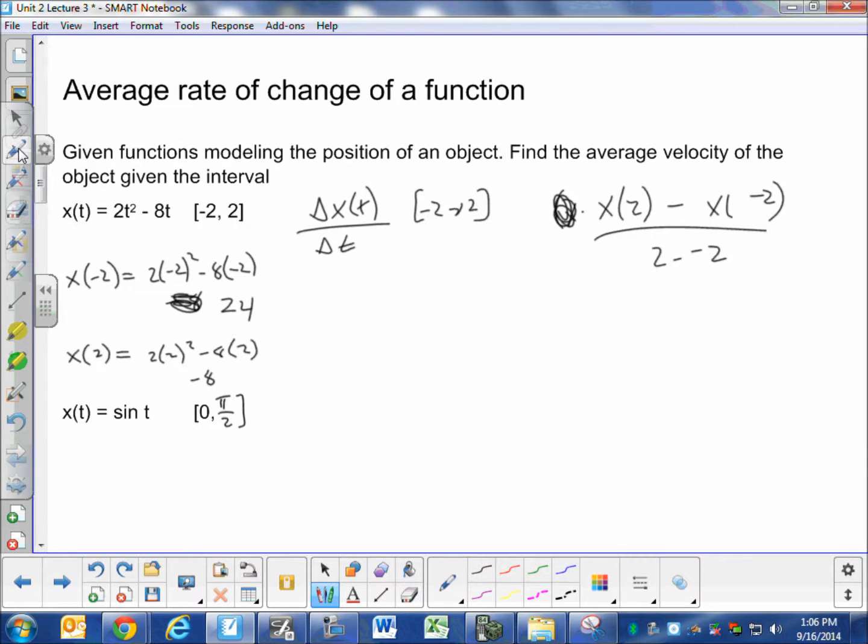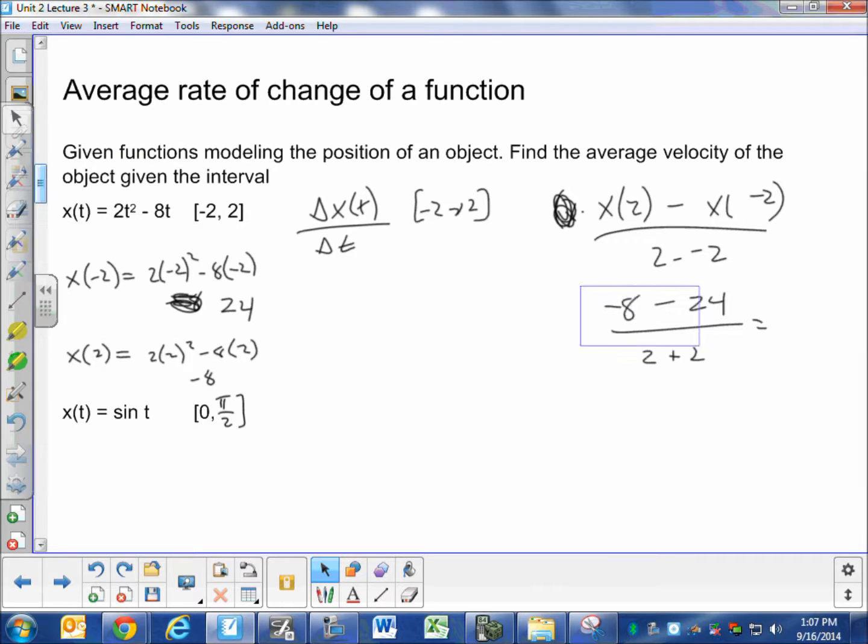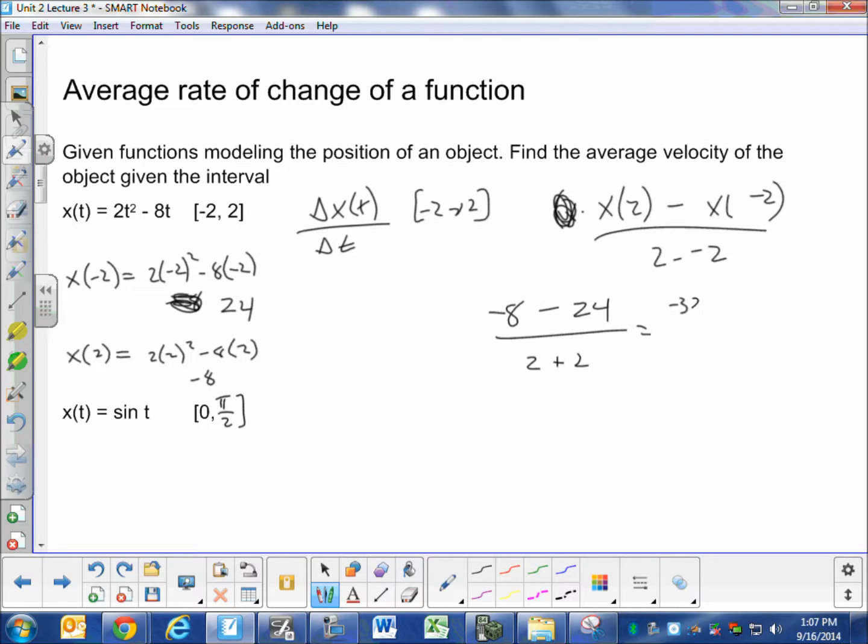And I get -8 minus 24 over 2 plus 2. That's -32 over 4. That is -8. -8 what? Well, if this position is in meters, this would be meters per second, if we're talking about t being time in seconds.